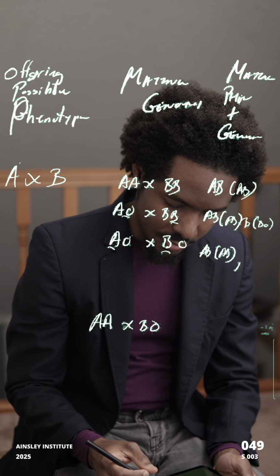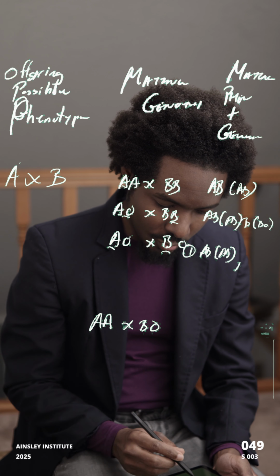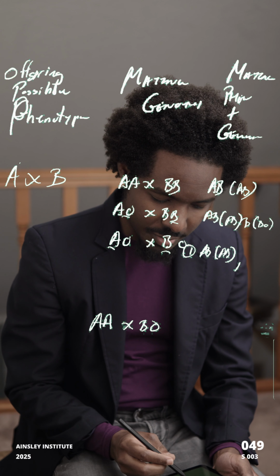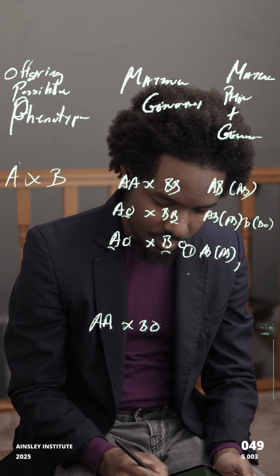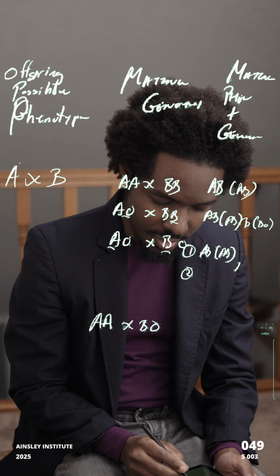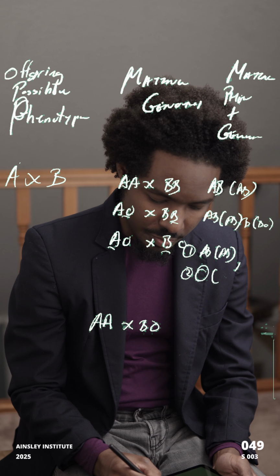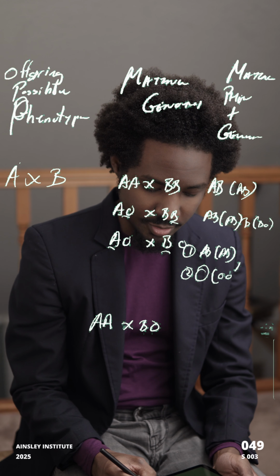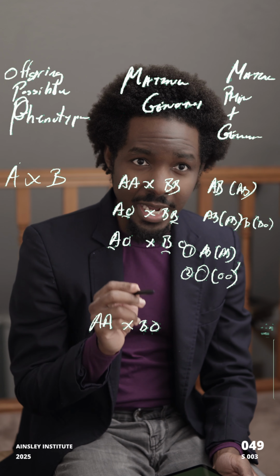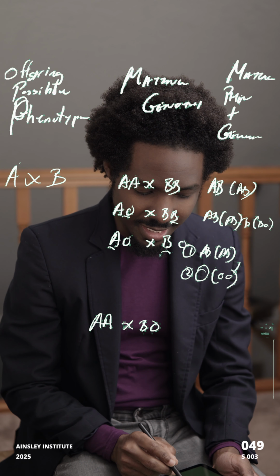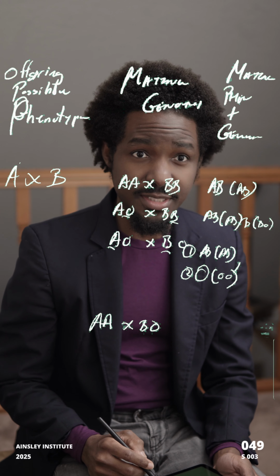All right, so with this combination, we have AB. We have OO, because if you combine this, we have O, because one is O and the other is O. So an AO and a BO can give an O individual because we have two O's that exist right there.